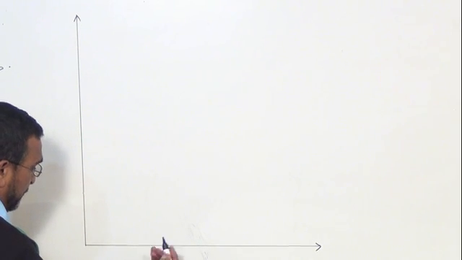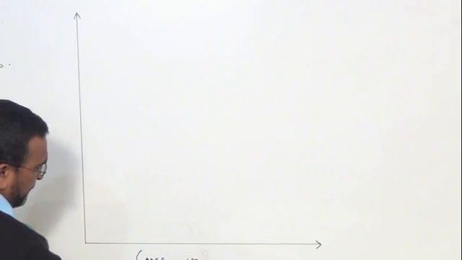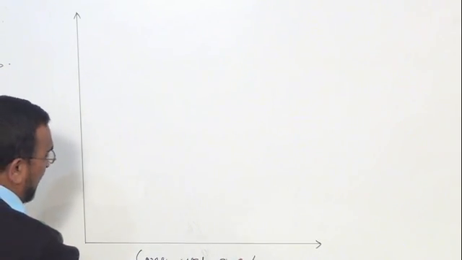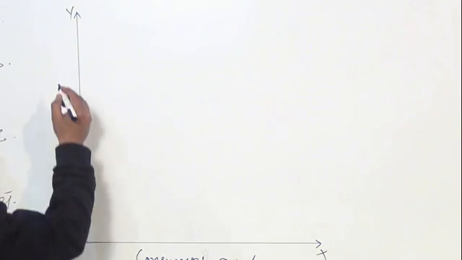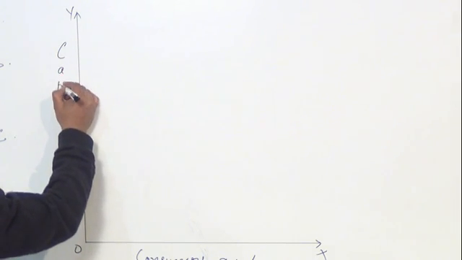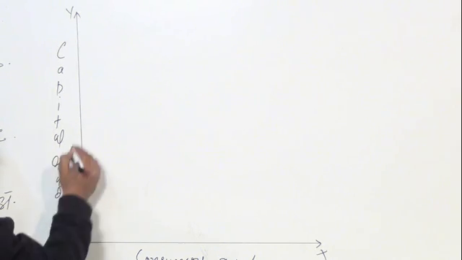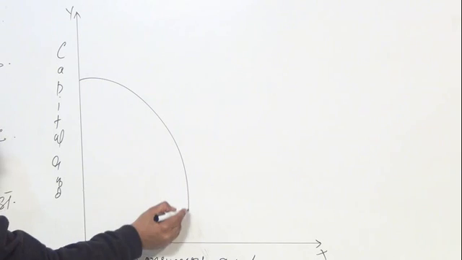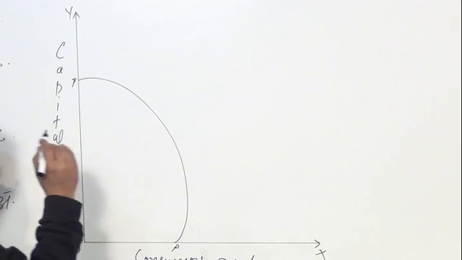On this x-axis we produce, say, consumer goods, and on this y-axis we measure capital goods. Now say for example this is our production possibility curve. PP is our production possibility curve.